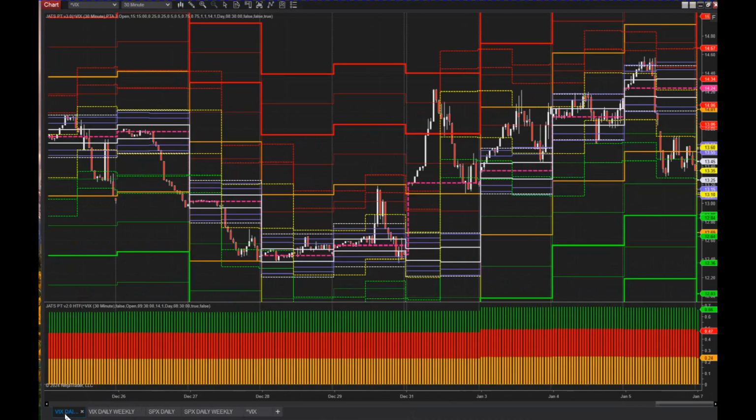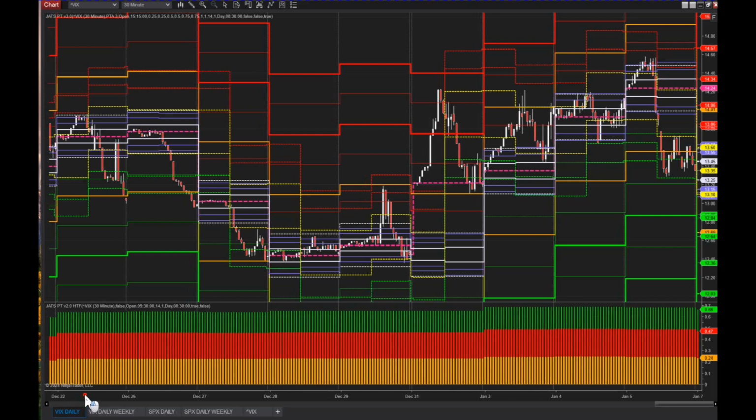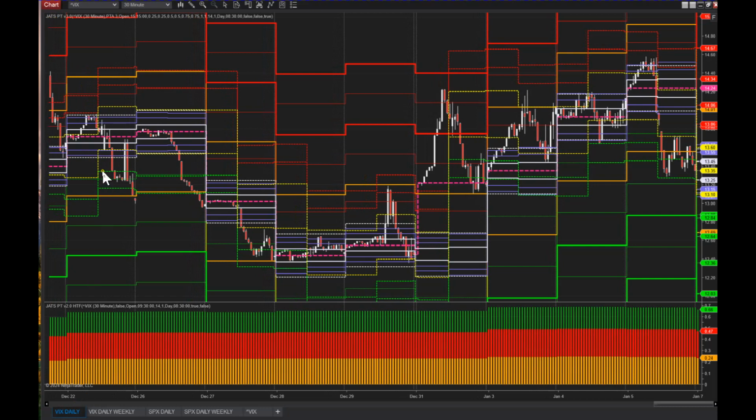So the VIX is now practically 24/7. I've got the London session, with the VIX starting at 1:15 a.m., and then the US session in yellow, and a daily on this screen.